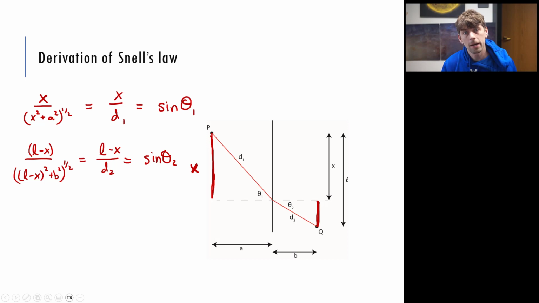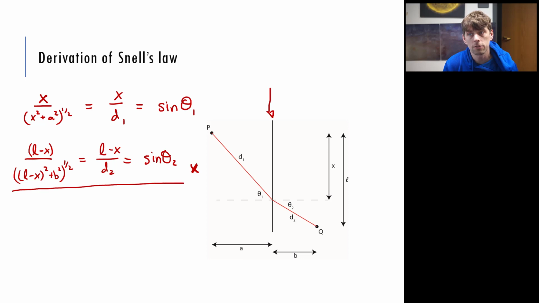Evidently, by applying the restriction of smallest time, we end up with an expression that says the shortest time it takes light to travel from point P to Q through the interface between two materials occurs when 1 over v1 sine of theta 1 is equal to 1 over v2 sine of theta 2.